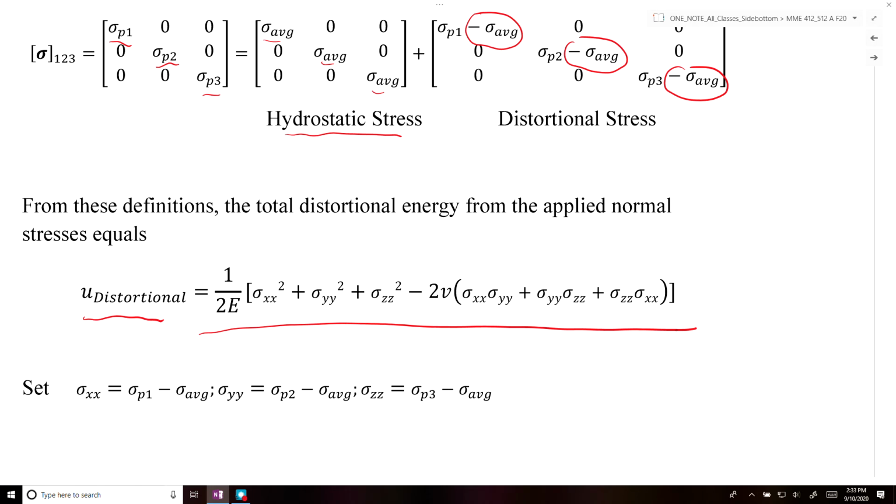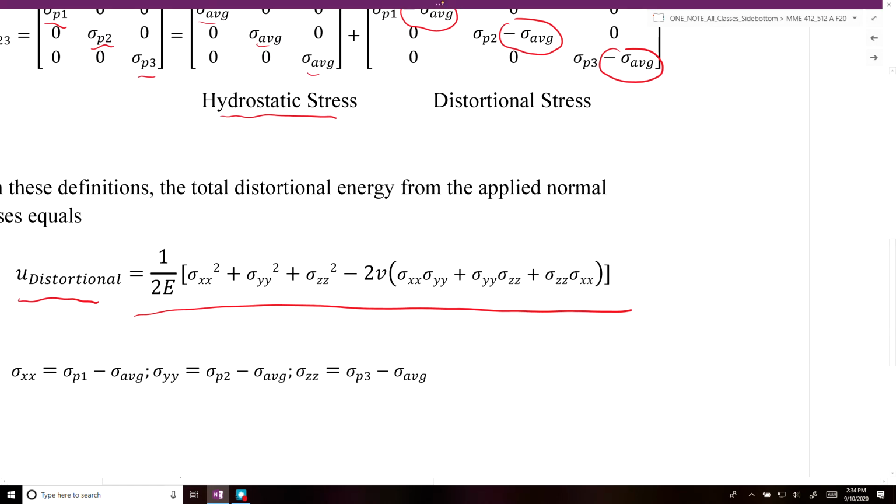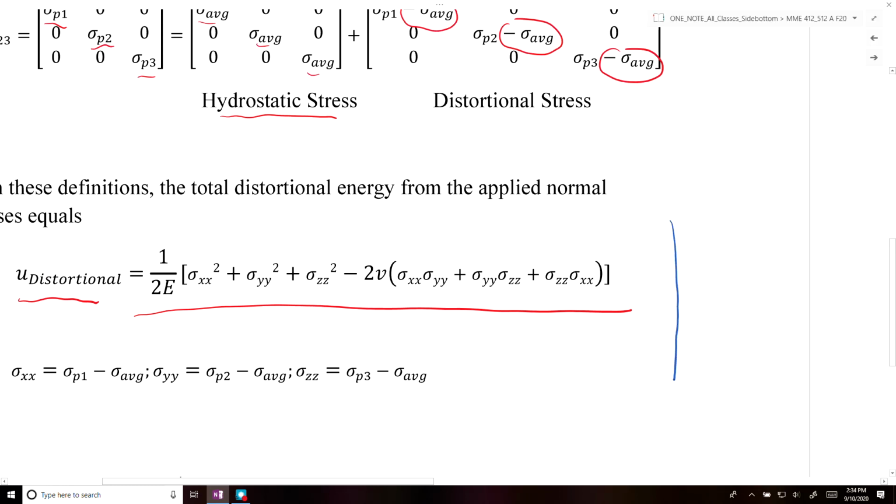What we can do is go back and look at a stress-strain diagram. On our y-axis we have stress, and on the x-axis we have strain, and we have our given curve here.